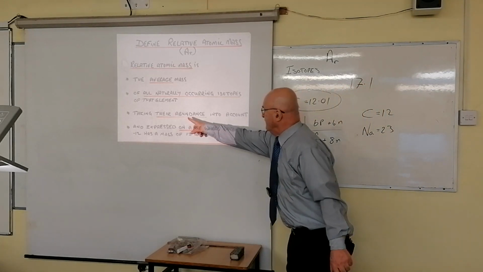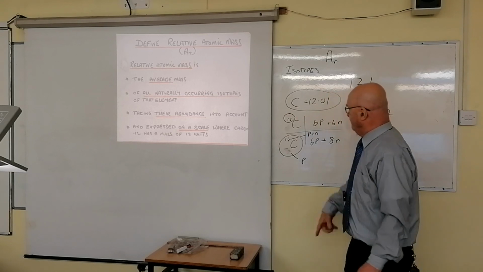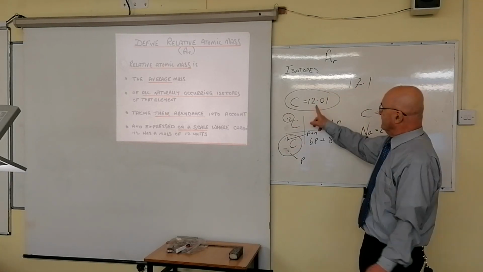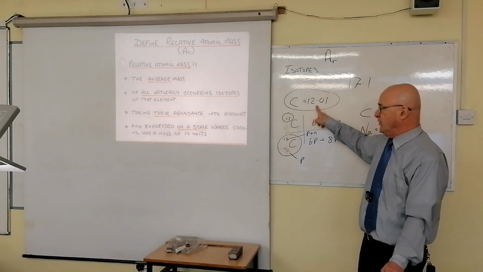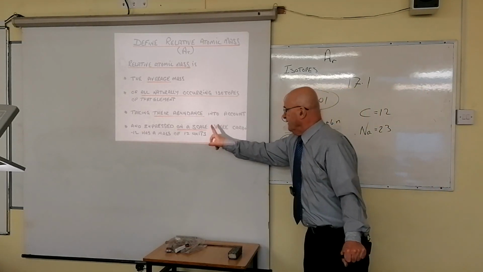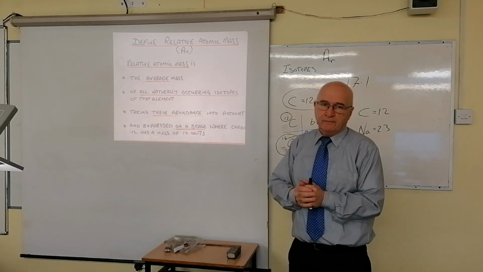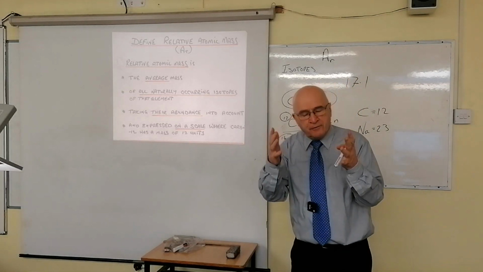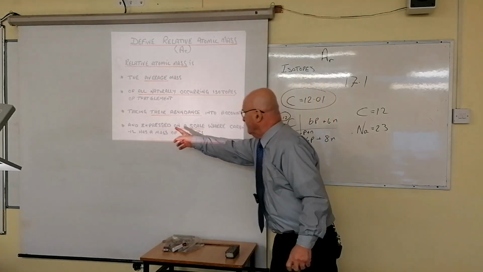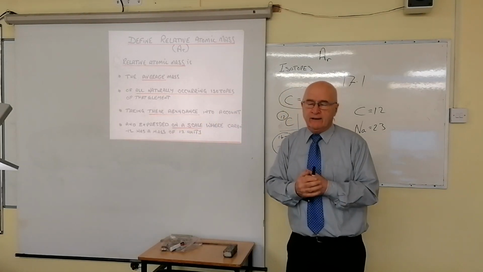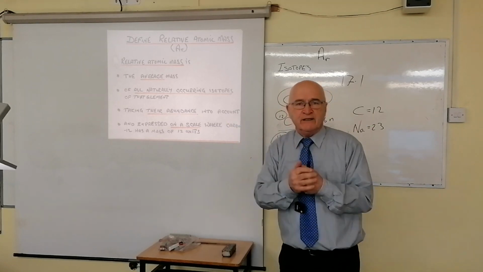It says, taking their abundance into account, there's a huge abundance of that, and there's little of that, because the average is 12.01. And it's expressed on a scale where carbon 12 has a mass of 12, or if you prefer to say, compared with a scale where 1/12 of the carbon 12 isotope is the unit.